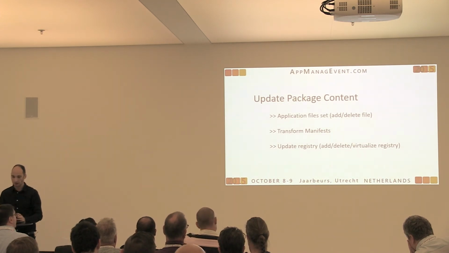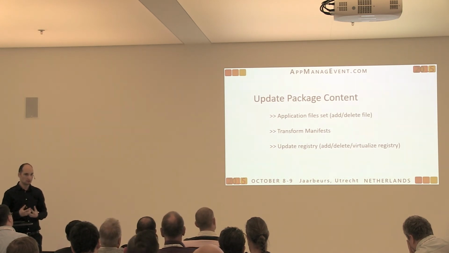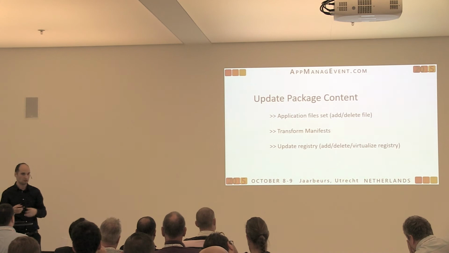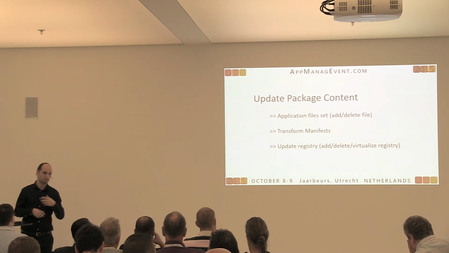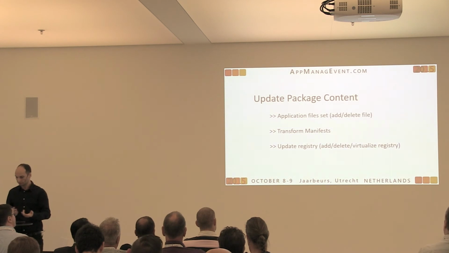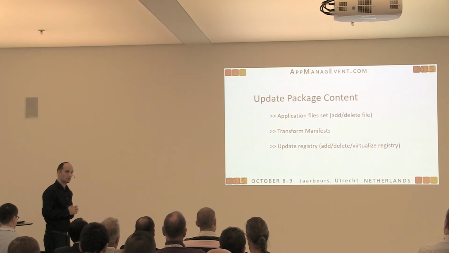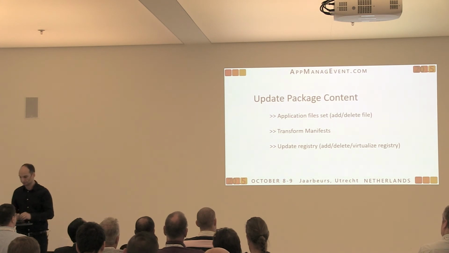For the manifest files, we load the content in a DOM structure in the memory of the application, and all the changes are applied at runtime. So we don't do a save after every change, to avoid many file input-output operations that would make the process slower. And that is done by applying XSL transforms using the library from Microsoft, MS XML.